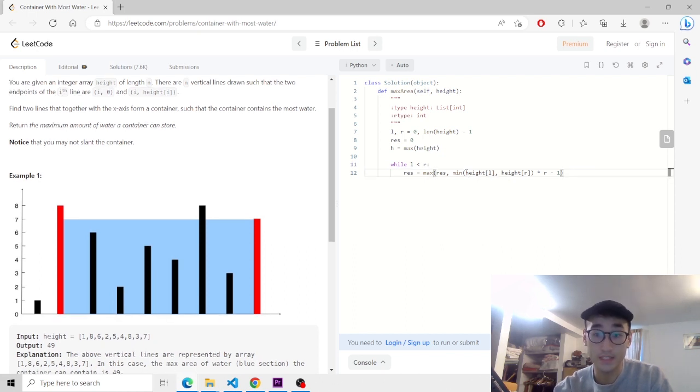If this is confusing, think of it this way. You're looking at the minimum at the position of L and the position at R. So L is on the left side and R is on the right side. And you're multiplying this minimum times R minus L, my bad, which is the span, the base of the container.